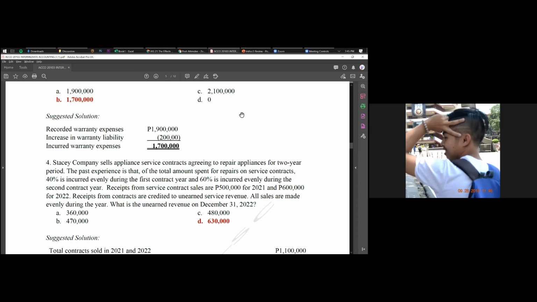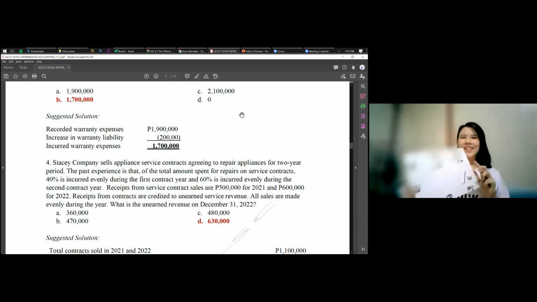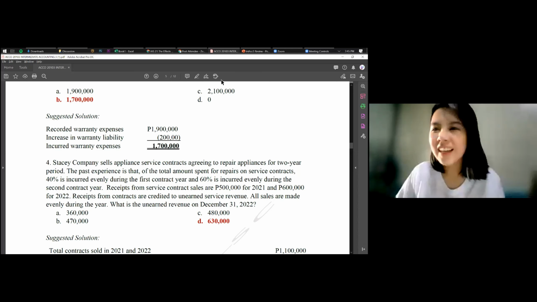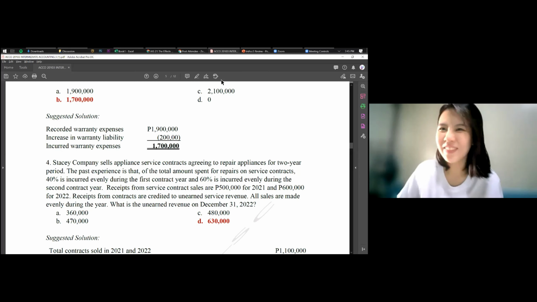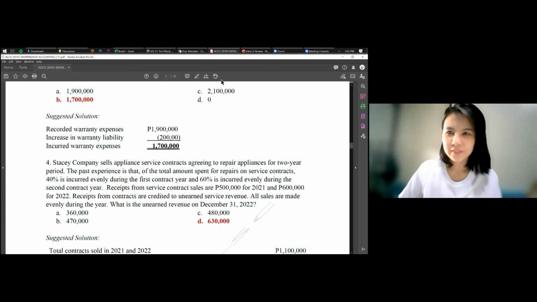Ma'am, excuse me po. Yes? Sorry? The shared screen is a bit blurry, ma'am. Okay, let me see. Let me check the sharing in Zoom. By the way, I have a virtual background, sorry for that. I'll stop sharing for a bit so I can see myself. Sorry, guys.